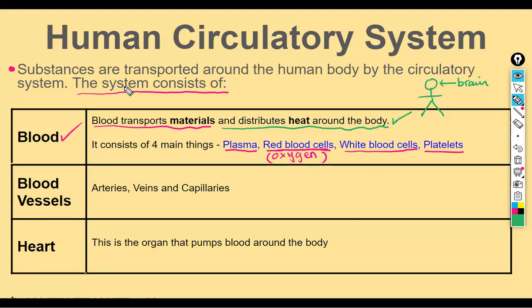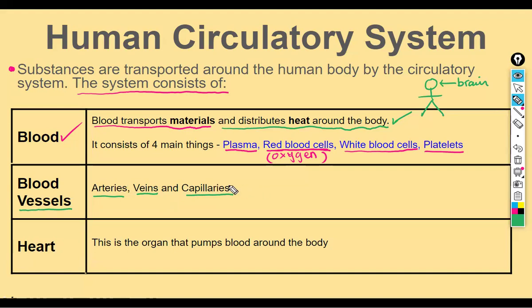So that is one thing a lot of people just don't know about blood. Also, the circulatory system is made up of blood vessels. There are three main blood vessels that carry blood around the body: the arteries, the veins, and the capillaries, which I have to discuss in detail also.